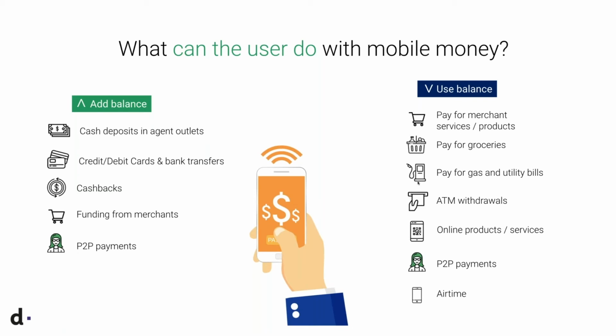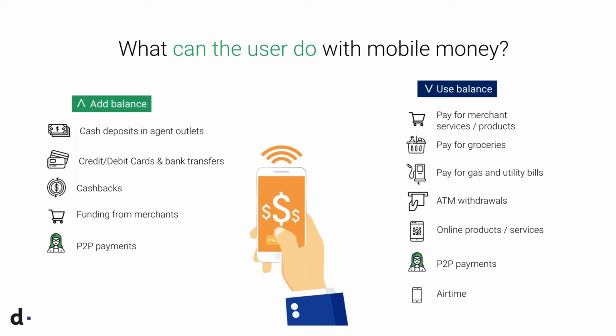Finally, once a user has a balance available in their account, they can use that balance to pay for merchant services and products in a wide range of sectors. So, for example, they can use this balance to pay for groceries, pay for restaurant bills, and even pay for newspapers in the streets, because nowadays pretty much every merchant has the ability to accept mobile money as a payment method.